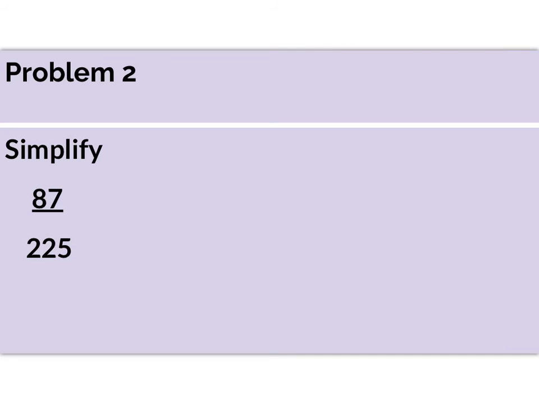Okay, so what we have here is the square root of 87 divided by the square root of 225.